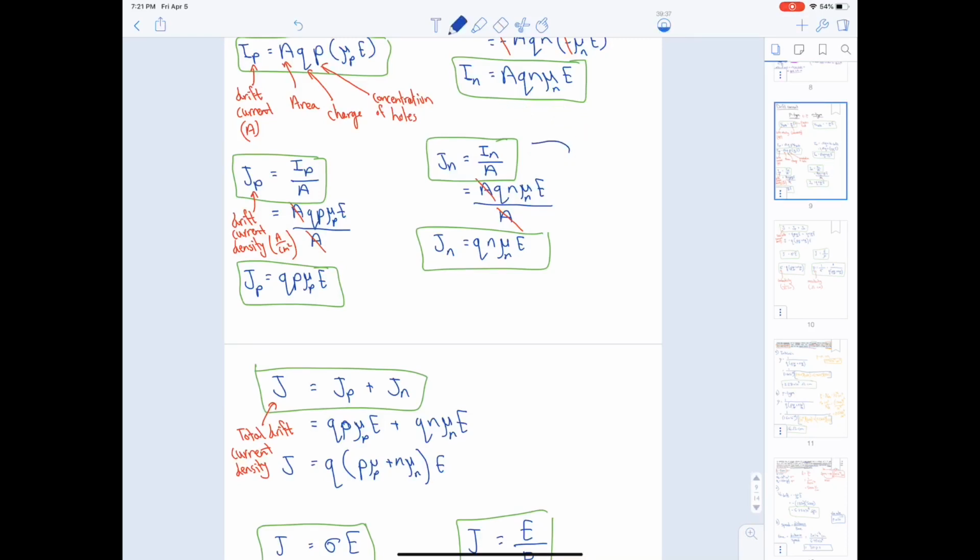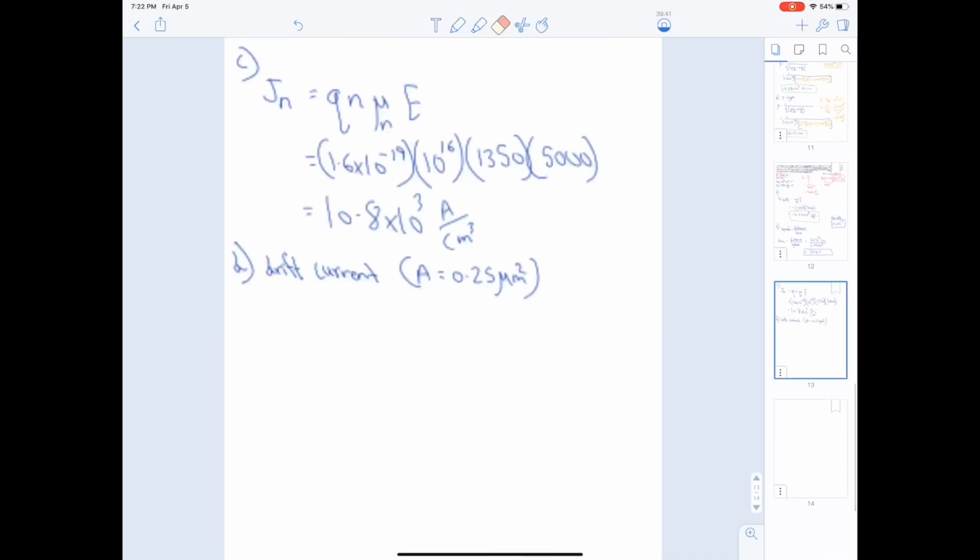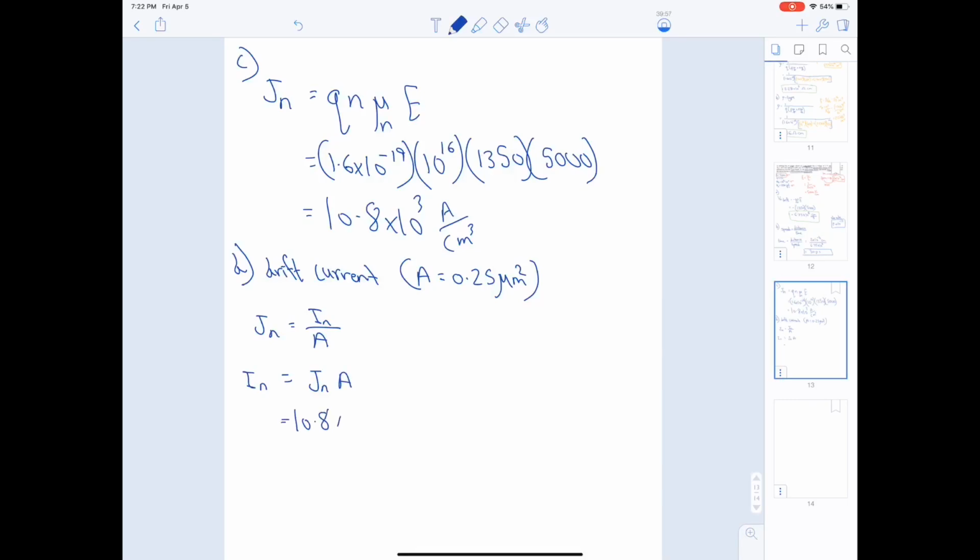I recommend using this equation. Jn is current divided by area. We're looking for the drift current, so it's Jn multiplied by area. What's Jn? It's 10.8 times 10 power of 3 multiplied by area.